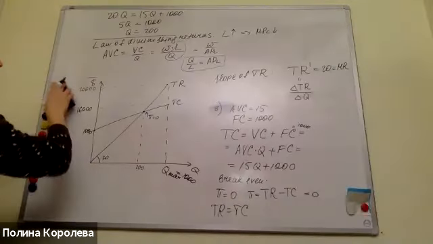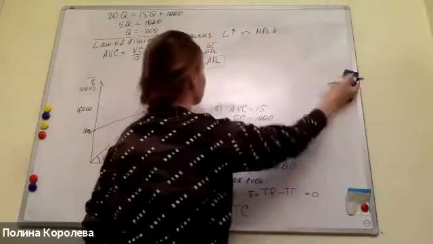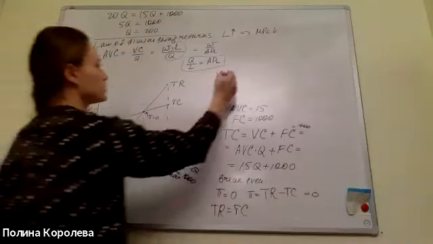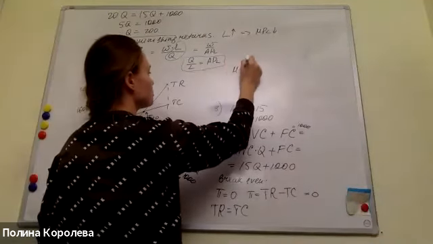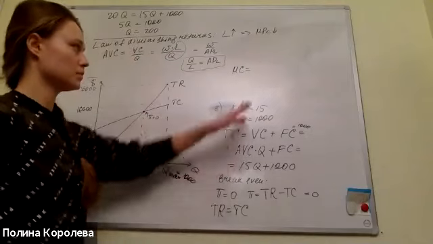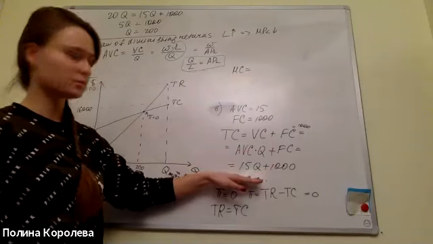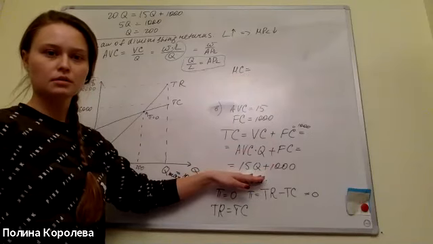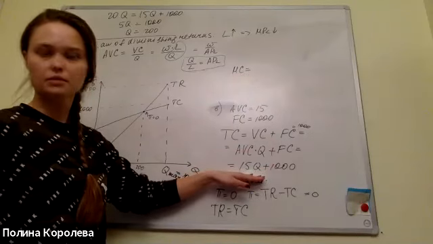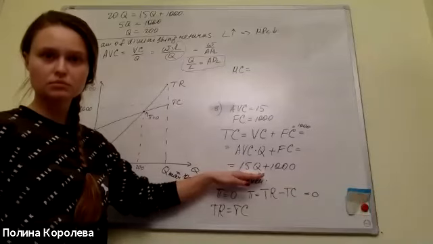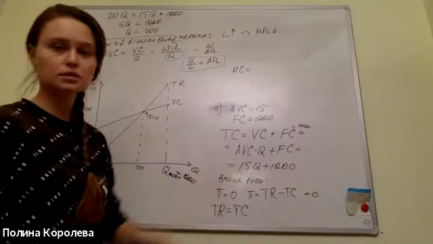Can you calculate marginal costs for our function? It will be equal to what? Calculate marginal costs for me, please. I guess it's 15, because we should take the derivative.